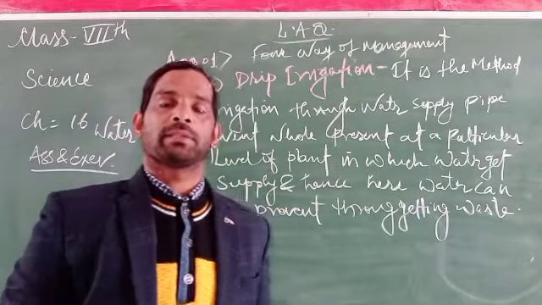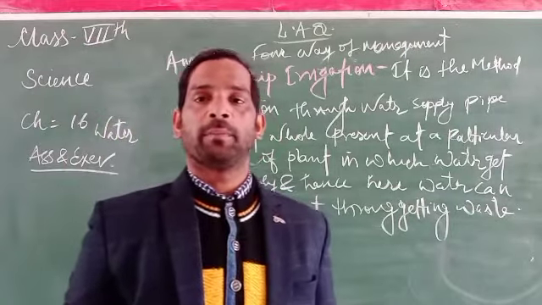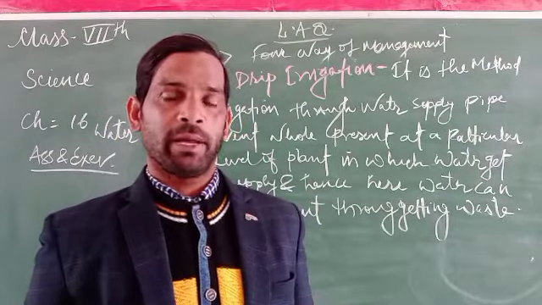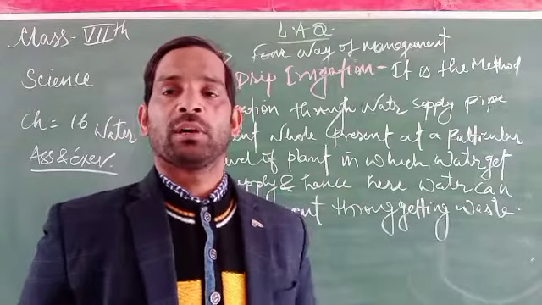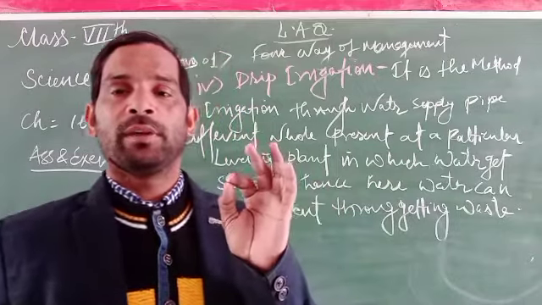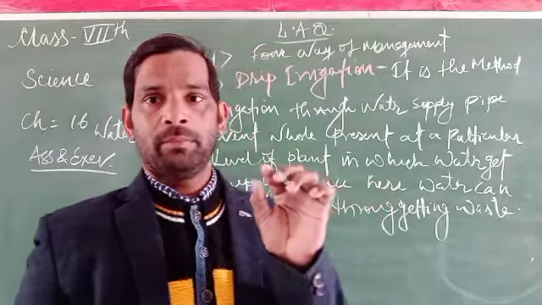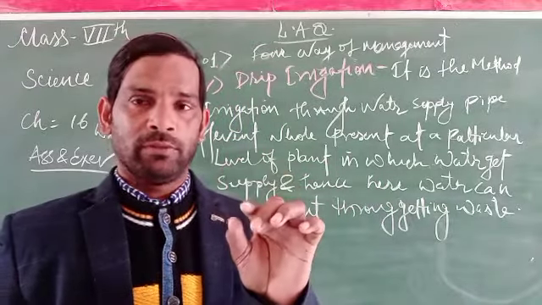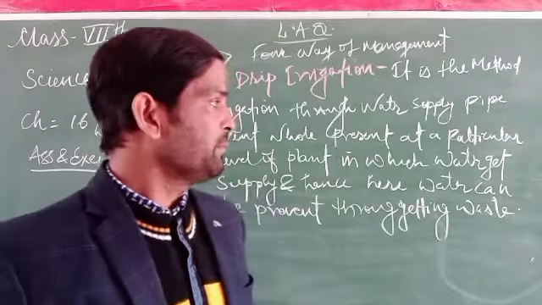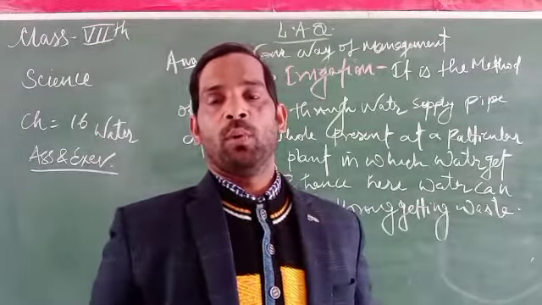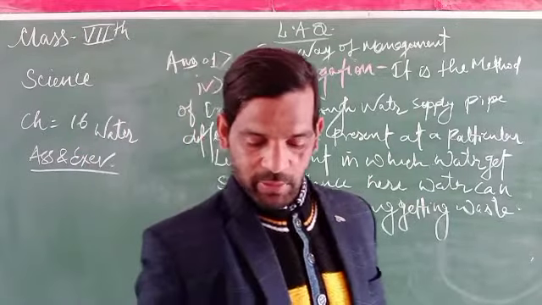The water supply takes place through the many holes of a pipe, and the water is supplied to the plants at their roots. This prevents water loss to a larger extent, through which we can conserve water for further use. That's all about question number 1.